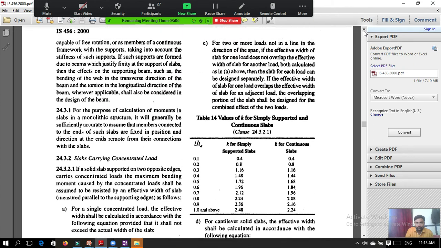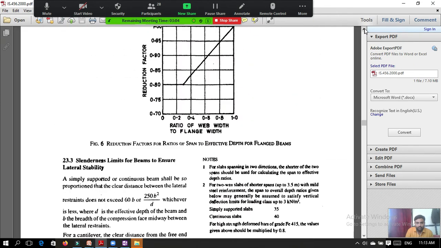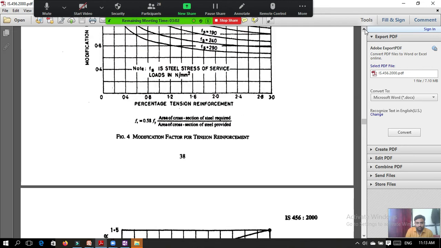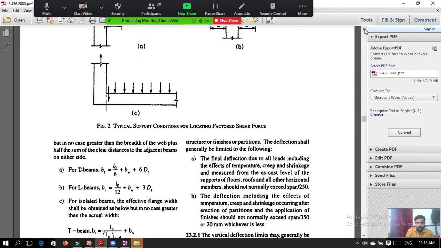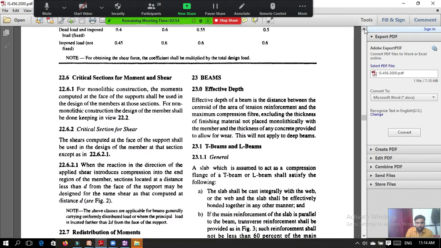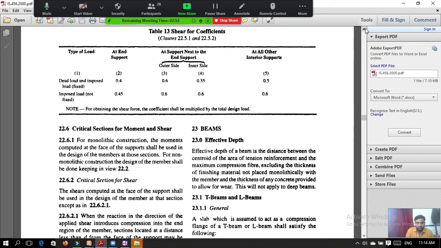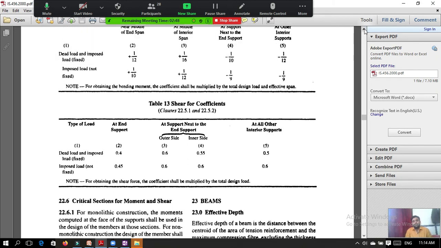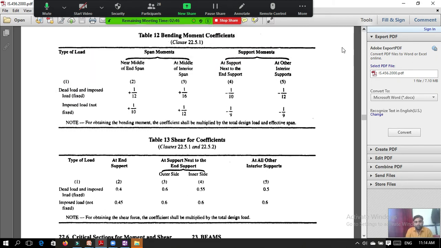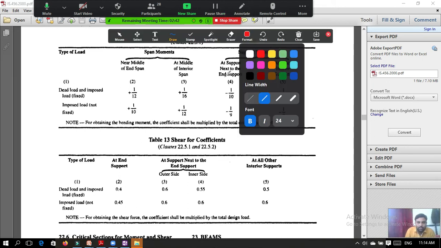So about this point, here somewhere your table number 13 is there. This is your table number 13. Earlier to calculate the bending moment we used table number 12. We have already used this table to calculate the bending moment.